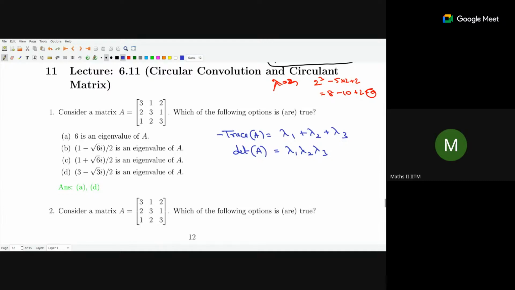The trace of this is 3 plus 3 plus 3, which is 9, and lambda 1, the first eigenvalue we found, is 6. So lambda 2 plus lambda 3 is 3. You have one equation here, and then solve for the determinant.